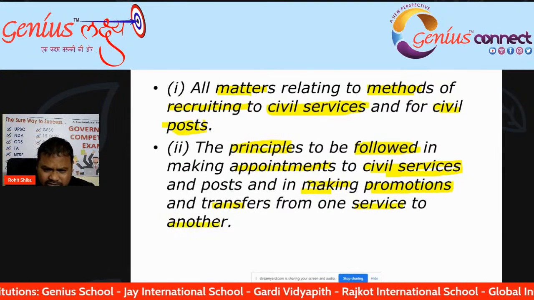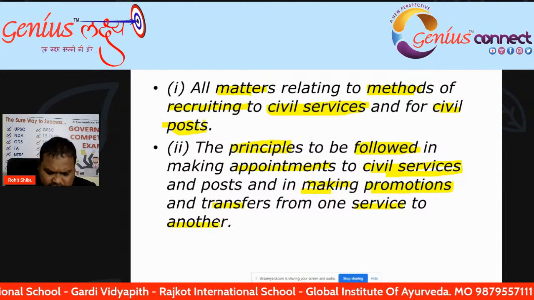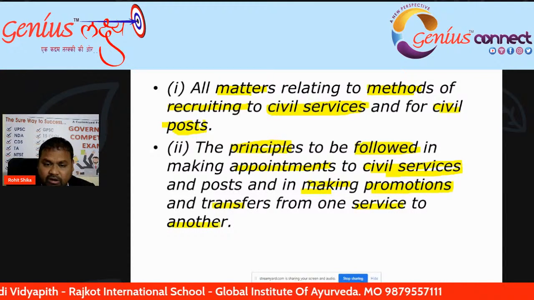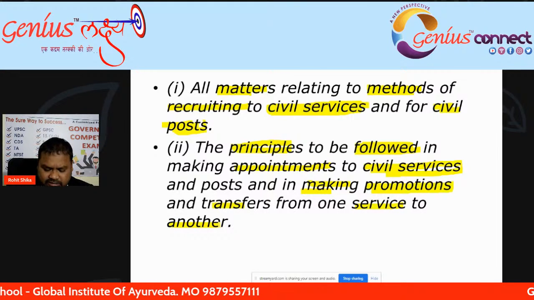All these are the areas of responsibility of the State Public Service Commission.